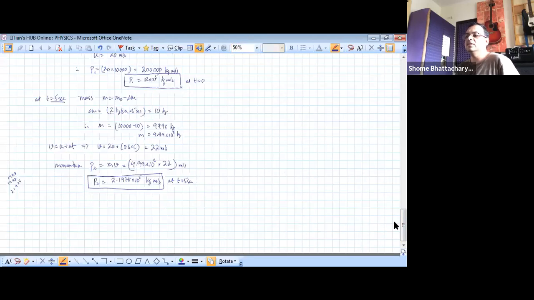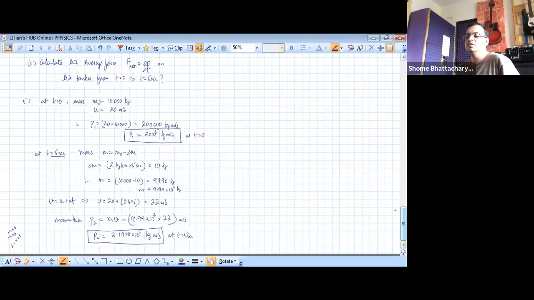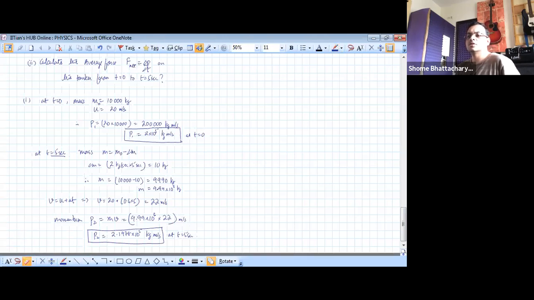Now we use that definition to find the average force: change in momentum upon change in time. Understood? So the second part of the question is now the calculation of average force.